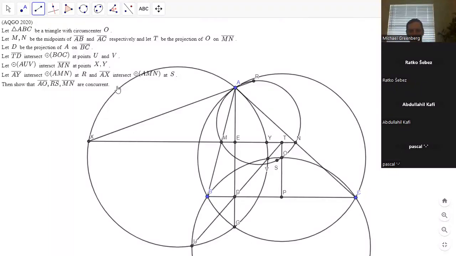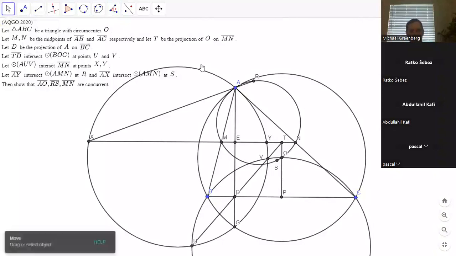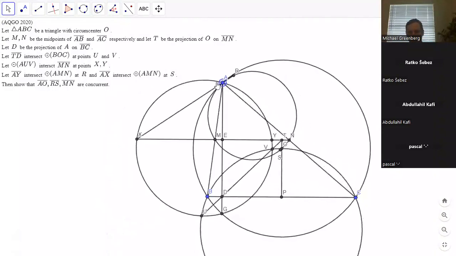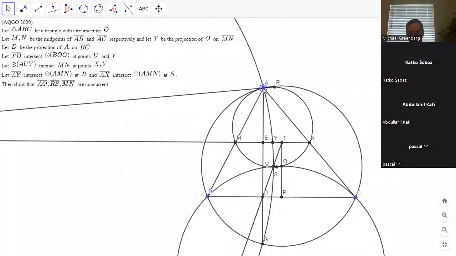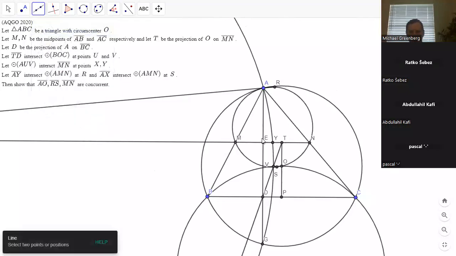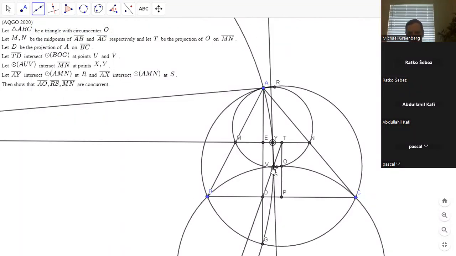So let's see. Let's make sure that's really true. I move things around. But look, I don't know if it looks true, but let's see. YV.